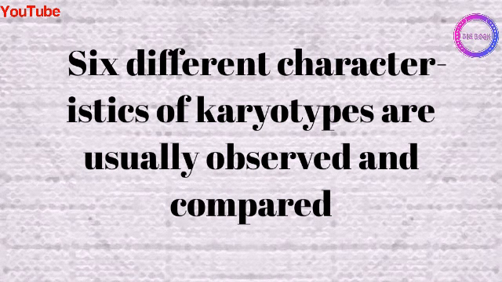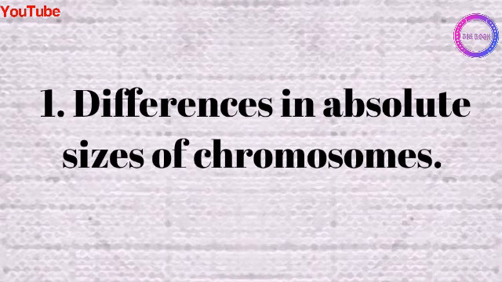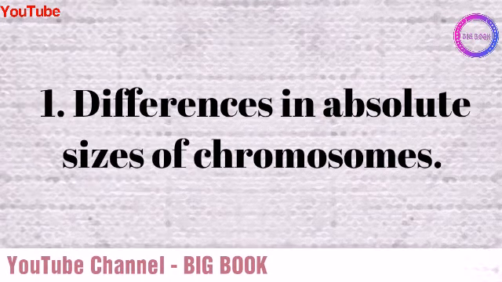The first one is difference in absolute size of chromosomes. As we have already discussed, the first main parameter of the karyotype is that the size of the chromosomes will be addressed, then the centromeric position will be addressed, and then the homologous pair will be made. So difference in absolute size of the chromosomes can describe many things.